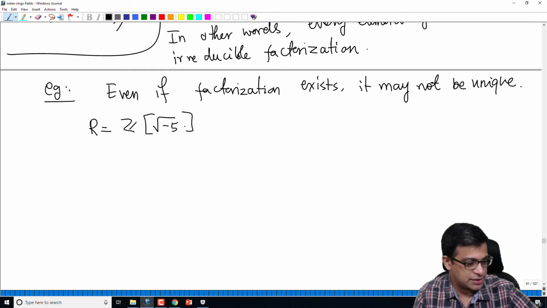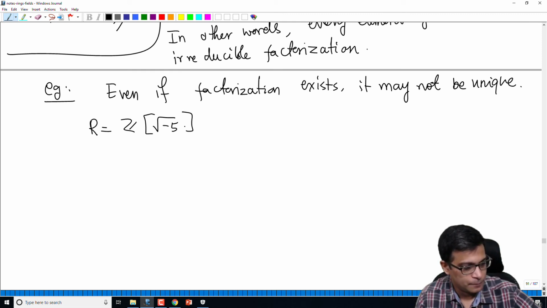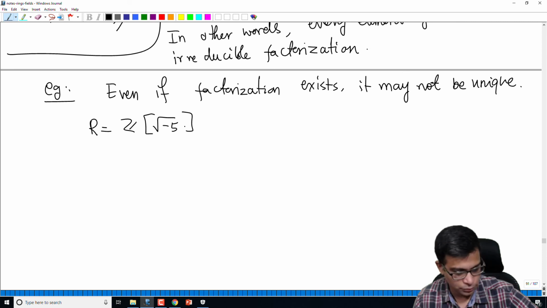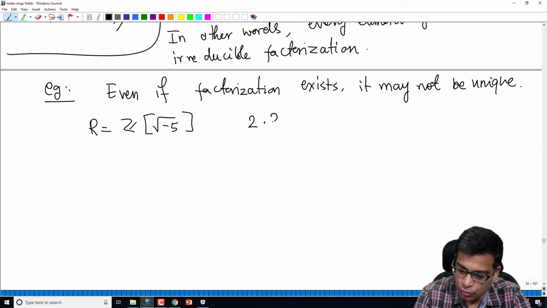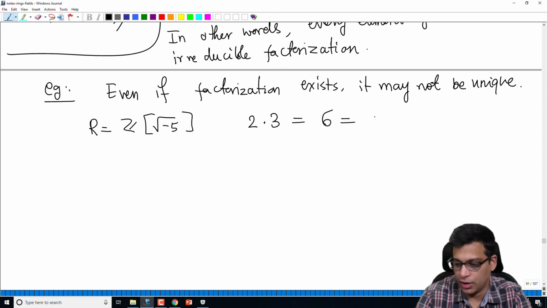This is providing us all the examples that we are interested in, right? It gave us an example of an irreducible element which is not prime. It is also going to give us an example where factorization is not unique. And this is something we have seen before.